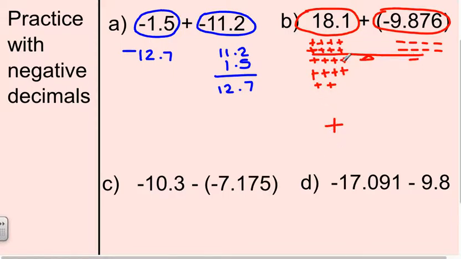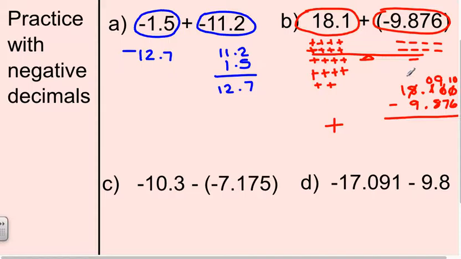But how do I figure out which one has more? Well, I need to find the difference. I need to subtract. So I'm going to take 18.1, 18 and 1/10, and I'm going to subtract 9 and 876 thousandths. Notice that I fill in my placeholders. This is 10, 9, 0.